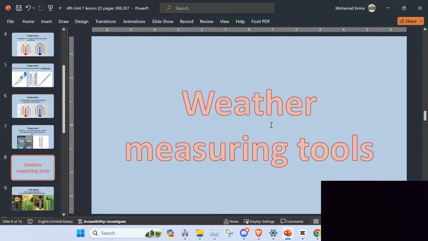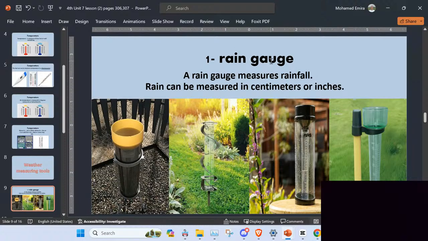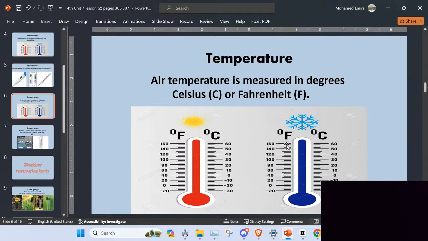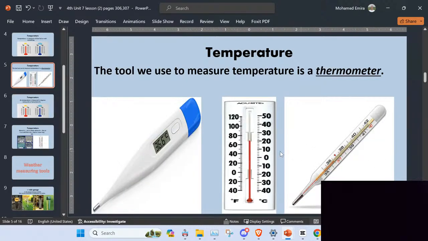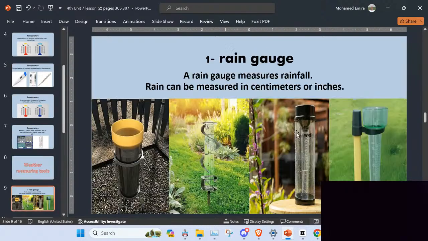There is another tool, it's called a rain gauge. Like the thermometer, it has different shapes and sizes. These pictures show you examples of rain gauge types.